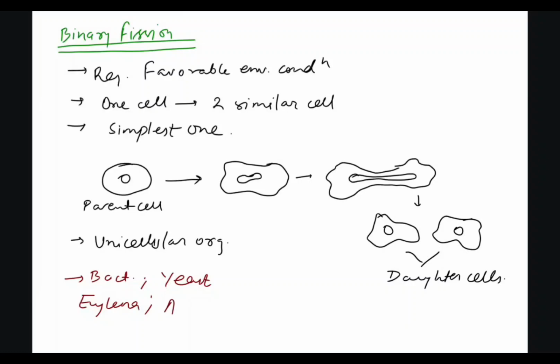So you have euglena, you have amoeba, and then for example you have paramecium. Look for the spelling. I may make some mistakes.